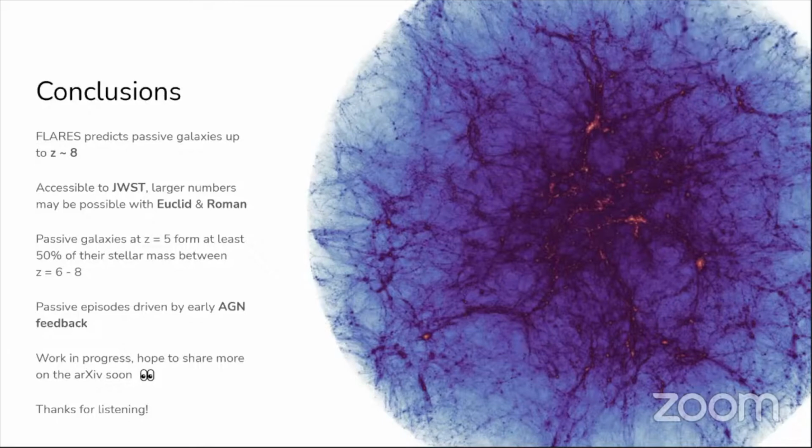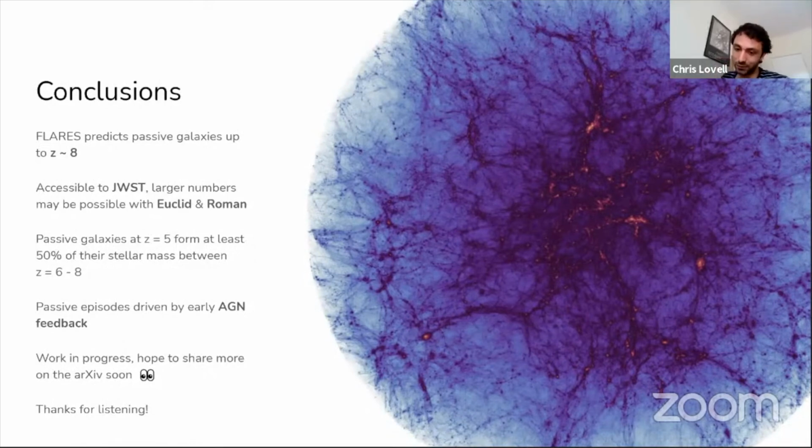You might have answered part of the question, but can you associate the early-time passive population with a certain low redshift population? Okay, so one thing I didn't mention is what's called the Cluster EAGLE simulations. These are what the name says on the tin: simulations of clusters at redshift 0. They do have some high redshift snapshots. For the most massive ones, these will trace the protocluster environments that match some of the regions we see in FLARES.